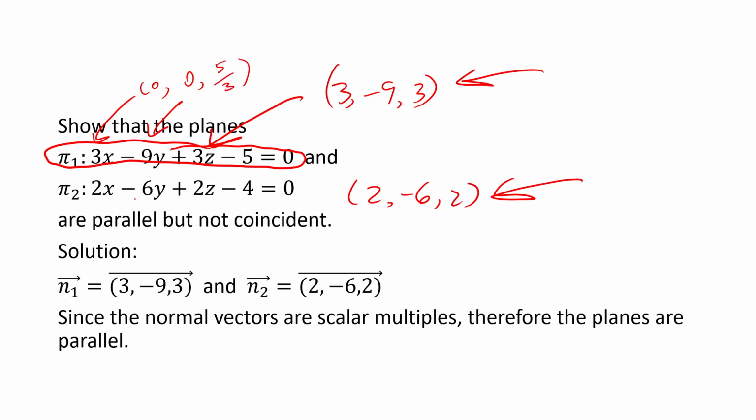And then we could show that (0, 0, 5/3) satisfies the condition for the first plane, but does not satisfy the condition for the second plane, therefore it is not a point on both. That's one way of answering this question, showing that the planes are not coincident.